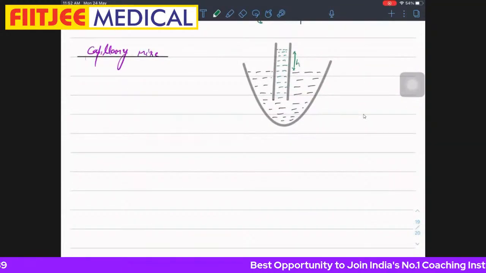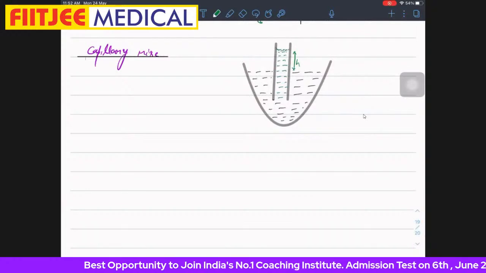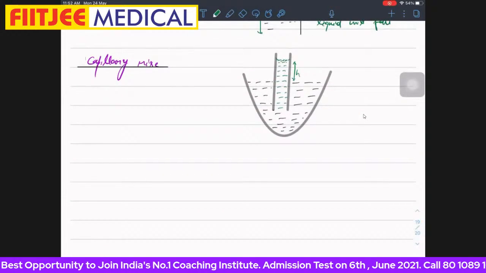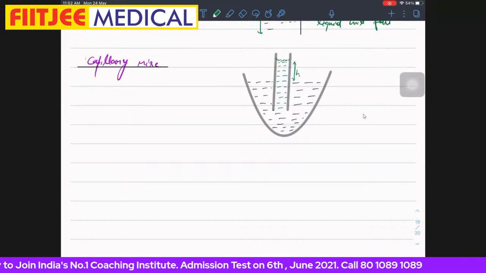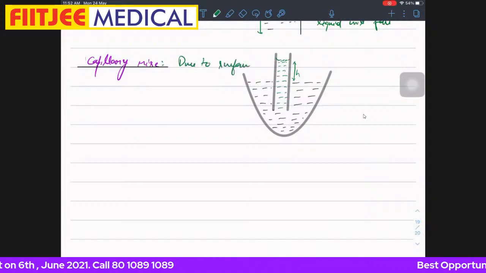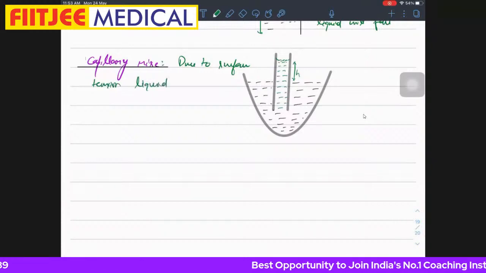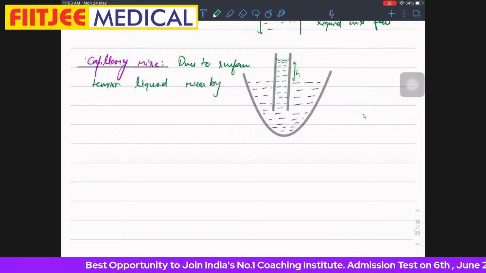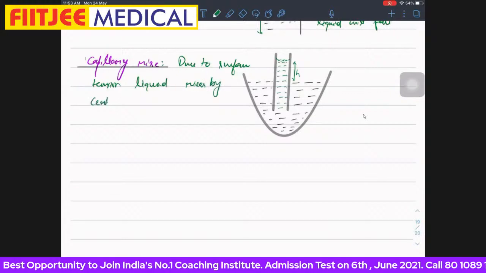So capillary rise, because of the contact angle, what happens? The liquid goes up here. So we need to figure out what will be the value of h. So if we calculate, due to surface tension, the liquid rises by a certain height.